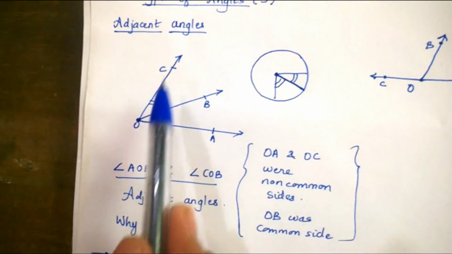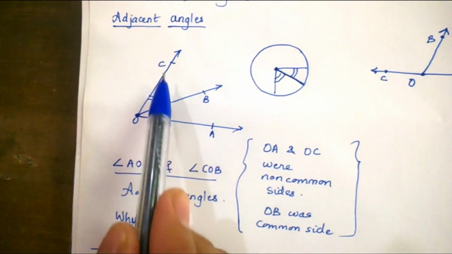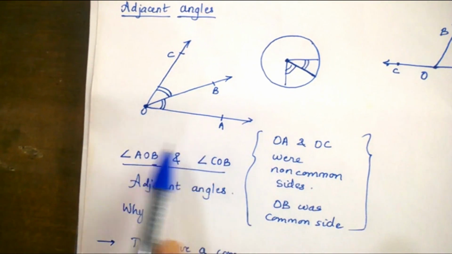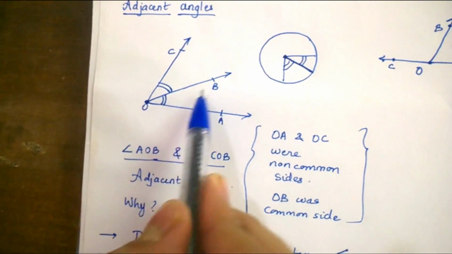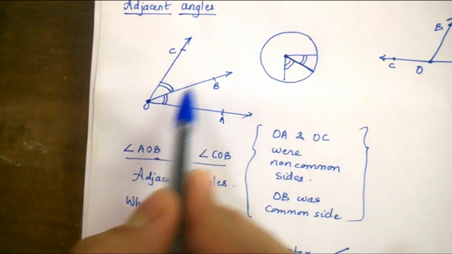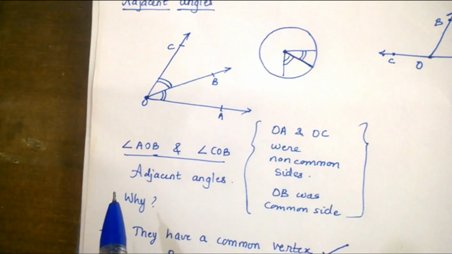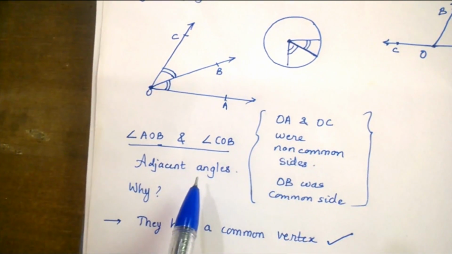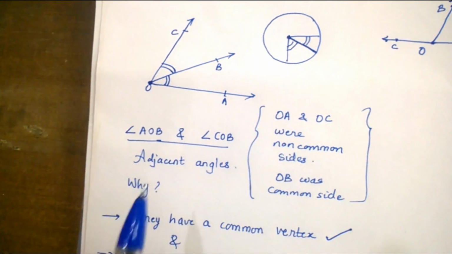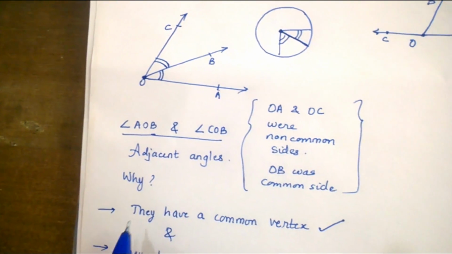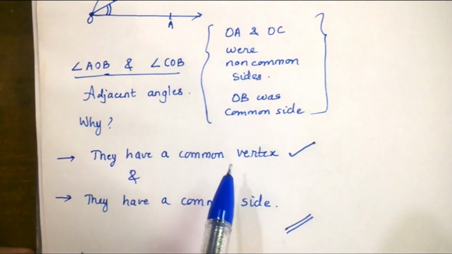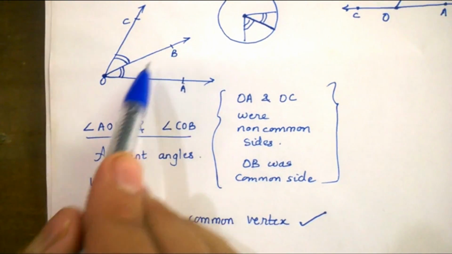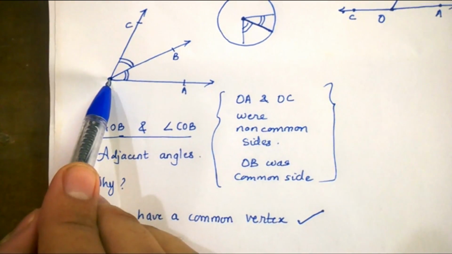Adjacent angles. Considering this particular example, what we can find is the relation between angle AOB and angle COB. Now I am telling you that they are adjacent angles, and I will give you two reasons for that. They have a common vertex. AOB and COB have the common vertex, right?